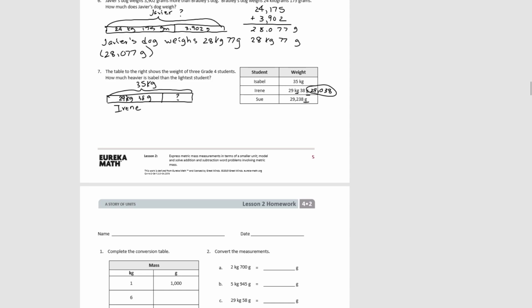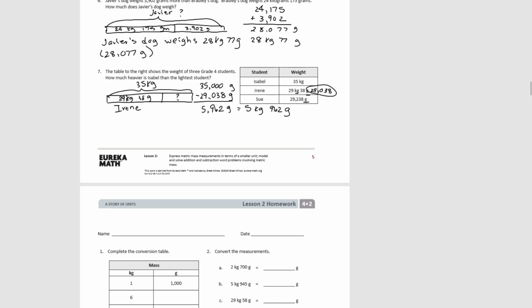So again, this tape diagram tells us that we need to subtract. So if we start with 35,000 grams, Isabel's weight, and we subtract 29,038, which is Irene's weight, the difference would be 5,962 grams, which equals 5 kilograms, 962 grams.